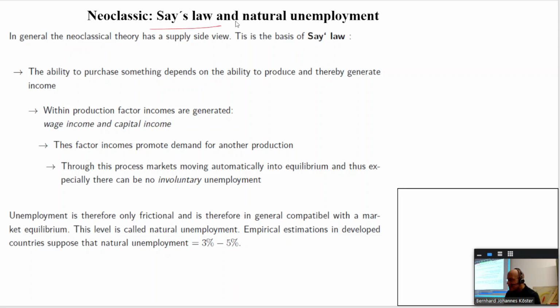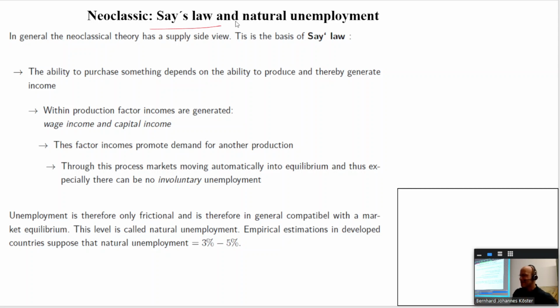Well, and then while we are producing and selling these goods, we can also say that within this production process, depending on capital and labor, we have labor income and we have wage income.